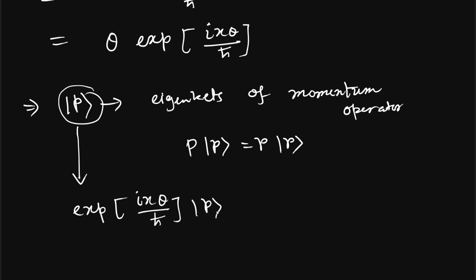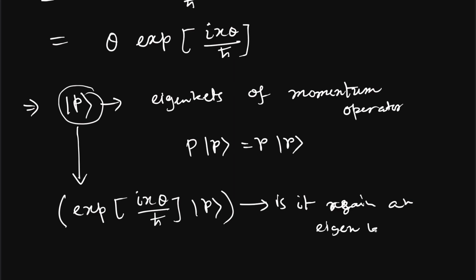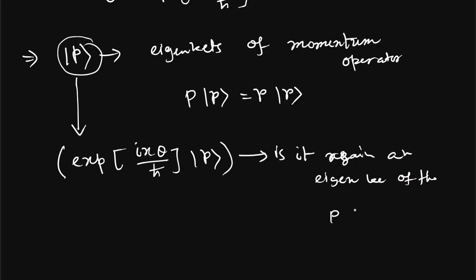Let's see what it does. Is it again an eigenket of the momentum operator or not? If it remains an eigenket of the momentum operator, then what is the eigenvalue corresponding to the transformed state?